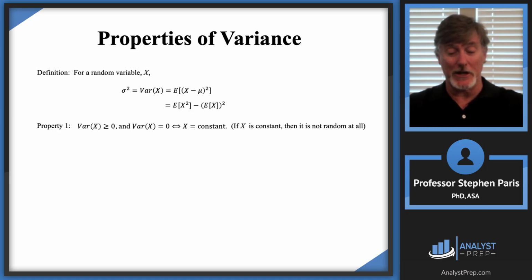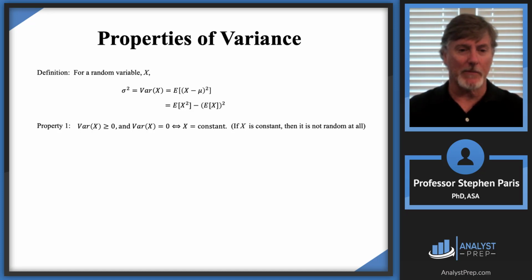And if there's no spread to the random variable, that means the random variable is just a single value, a constant. It's not really random. Okay, so that's property one: the variance is non-negative, and the variance is 0 if and only if, that double arrow there means if and only if, the random variable is a constant.